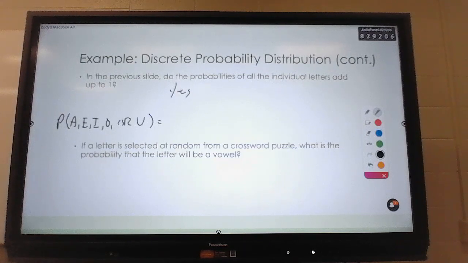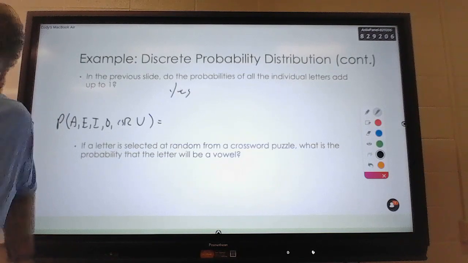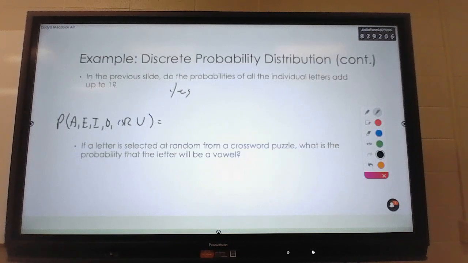This is an OR probability, okay? Which, if you recall, we have to decide whether or not these probabilities are mutually exclusive. Can they happen at the same time? Well, I'm only picking one letter. So if I pick an A, that means I definitely didn't pick an E, I, O, or U, and so on and so forth. That implies that these are mutually exclusive events. And this is an OR probability, so I'm using the addition rules.